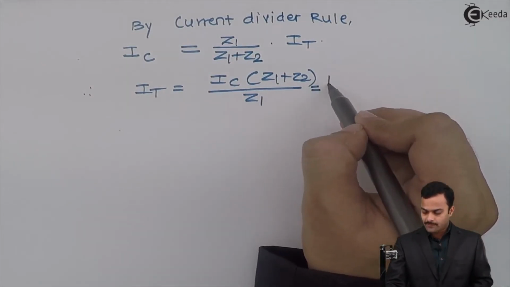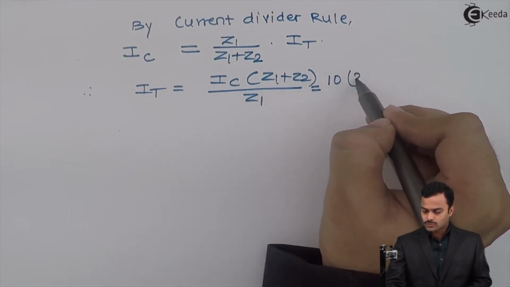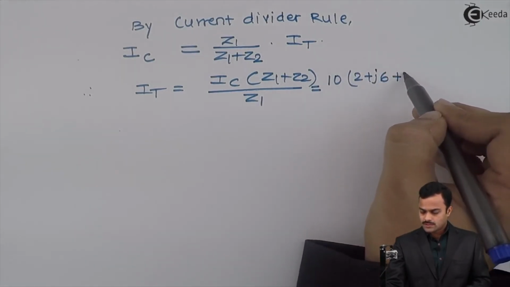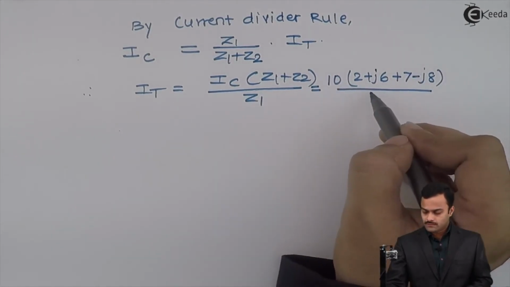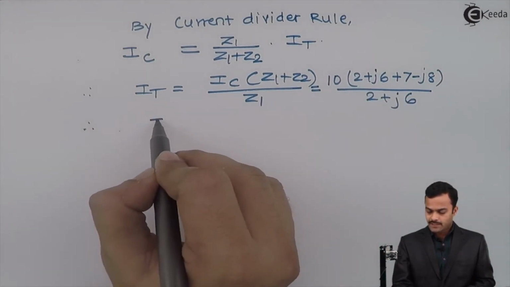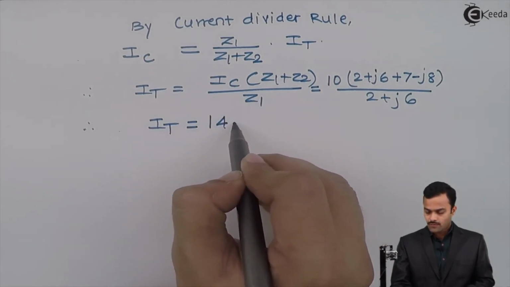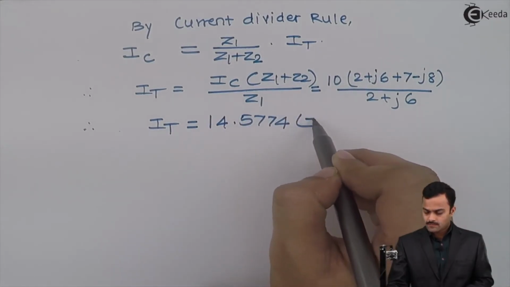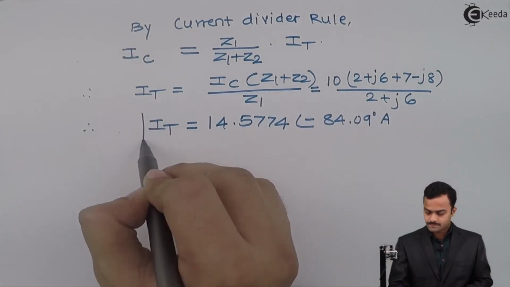IC they have given as 10 ampere. So 10, and Z1 we have calculated as 2 plus j6, plus Z2, 7 minus j8, divided by Z1, which is 2 plus j6. If we solve, I will get the total current for the circuit as 14.5774 at an angle minus 84.09 degree ampere.